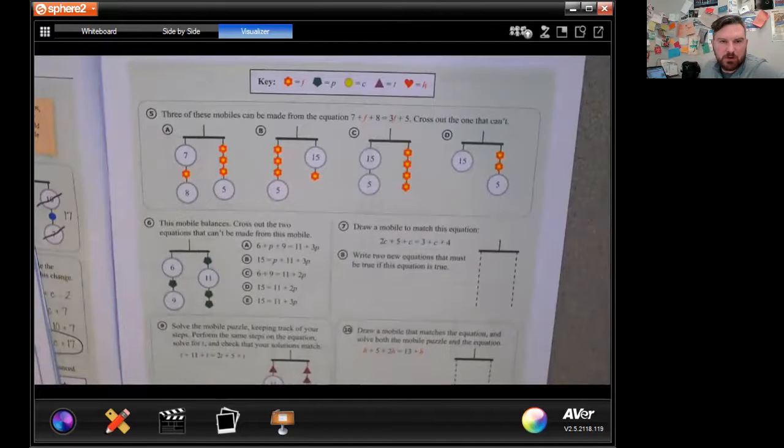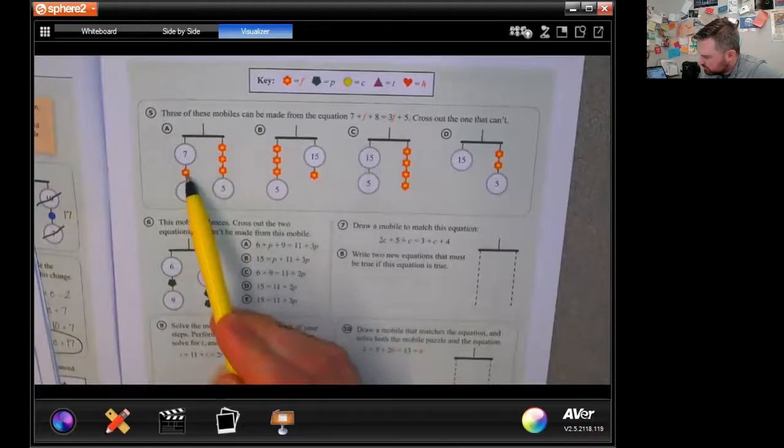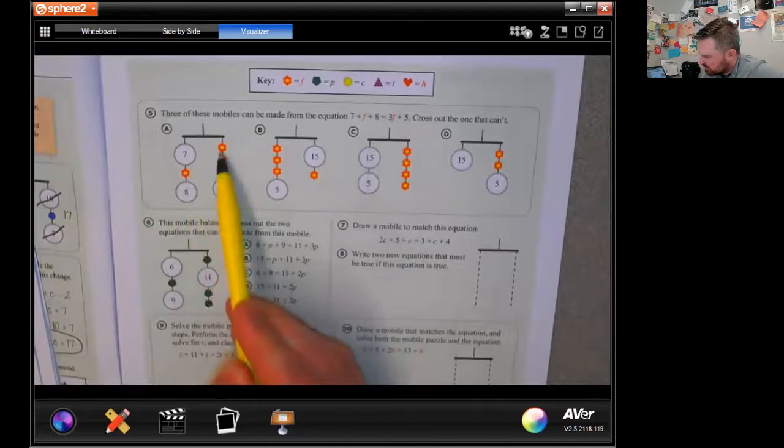Okay, 3 of these mobiles can be made from the equation 7 plus f plus 8 equals 3f plus 5. Cross out the one that cannot. Okay, so here we have 7 plus a flower plus 8, 3f plus 5. So this one's good.